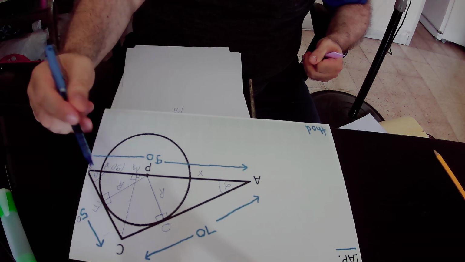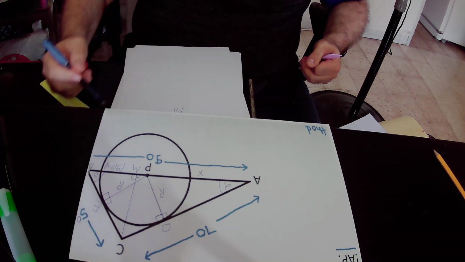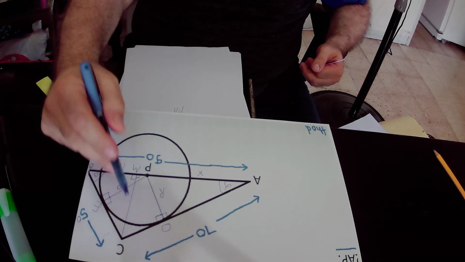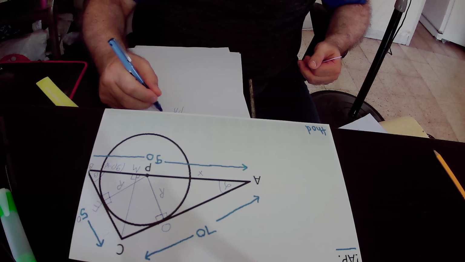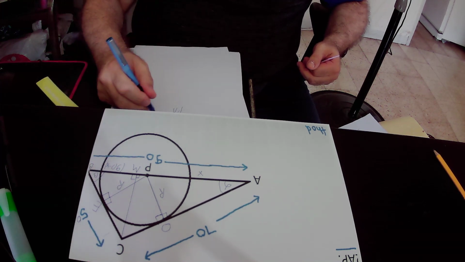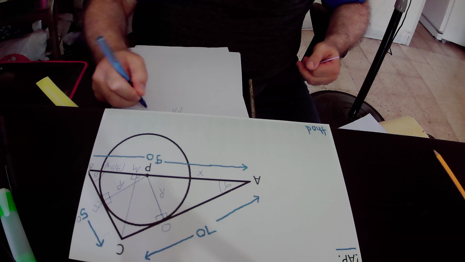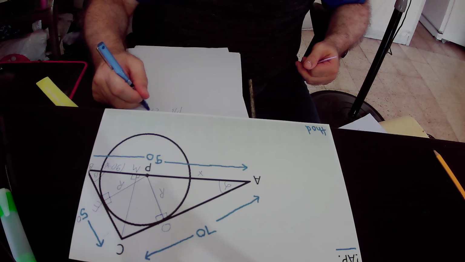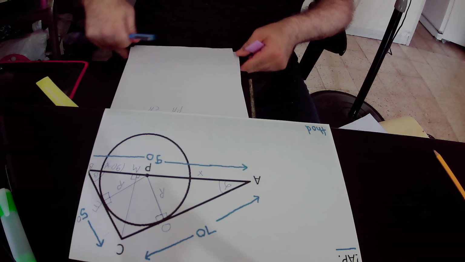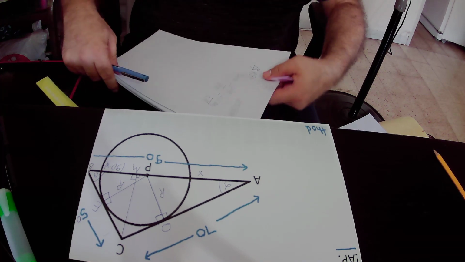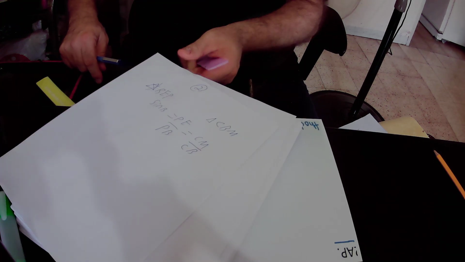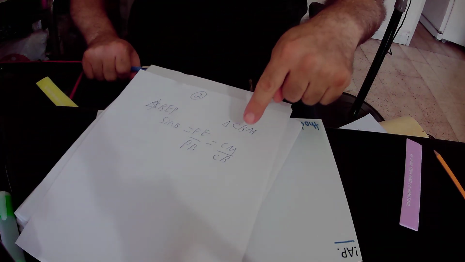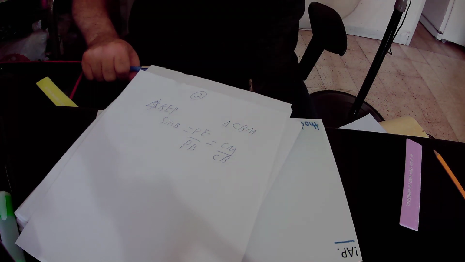For that reason, triangle CBM is a right triangle, and actually sinus beta in this right triangle equals CM over CB.